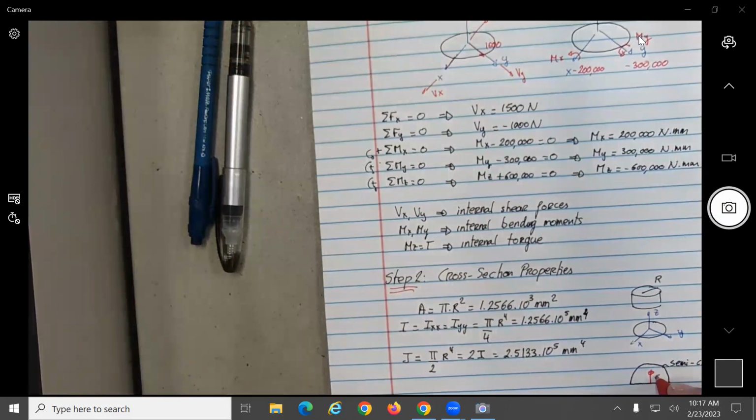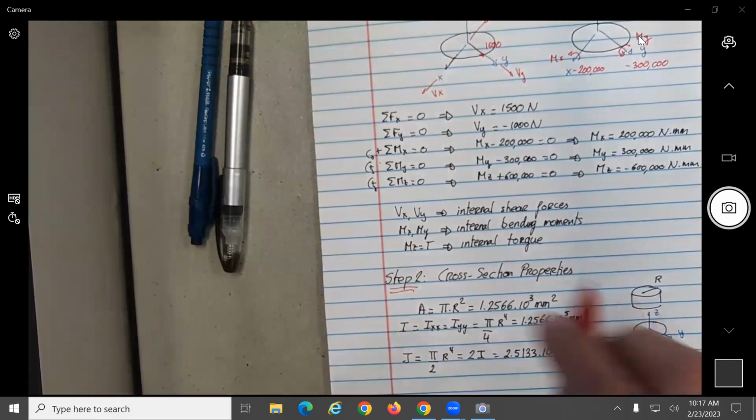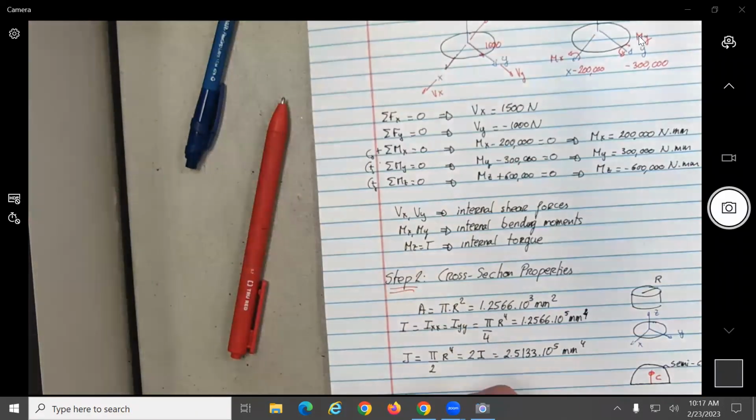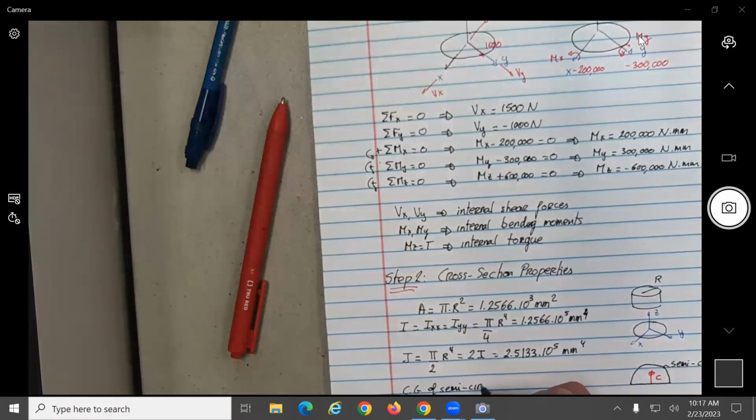I call that distance C. The CG of the semicircle, C, is equal to 4R over 3 pi.